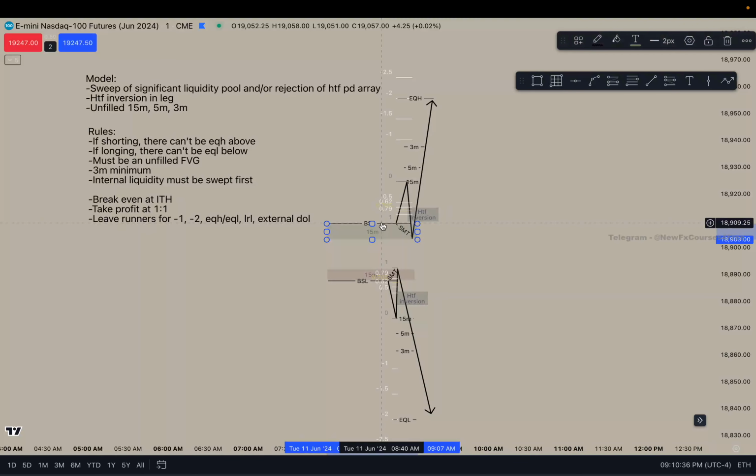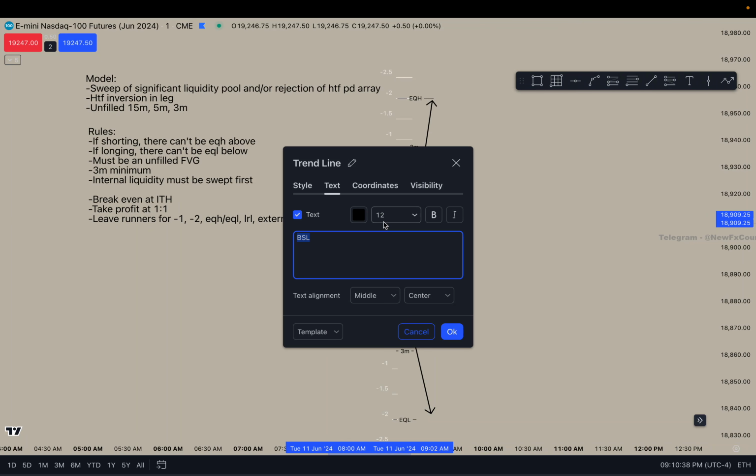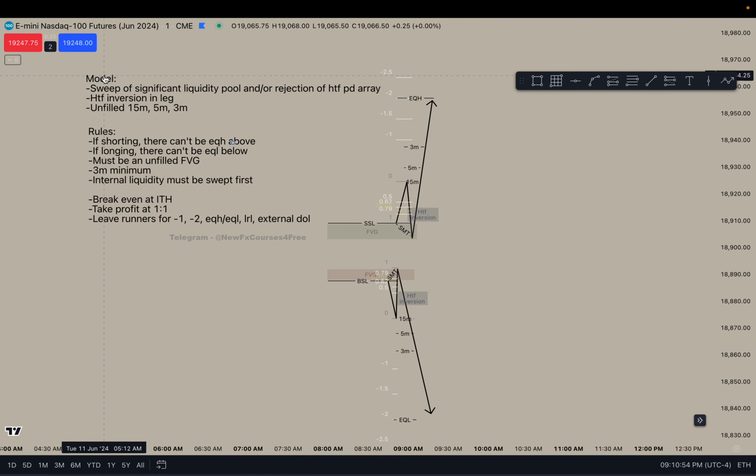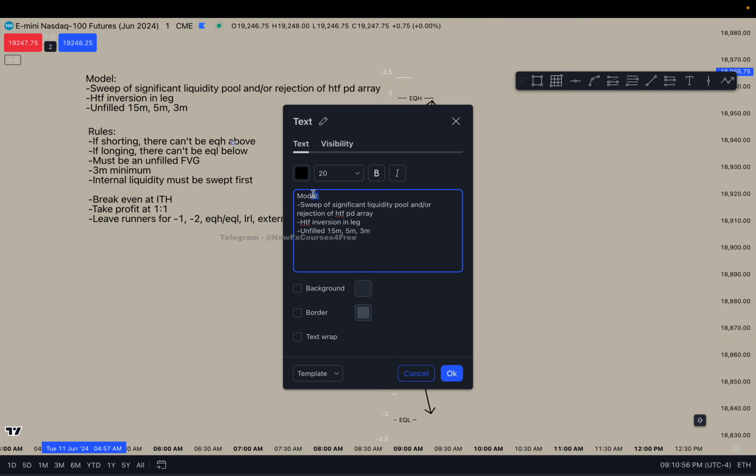Oh wait, shit. Blake's inversion against the trend. The brain rot model, bro. You have zero brain if you take this trade.